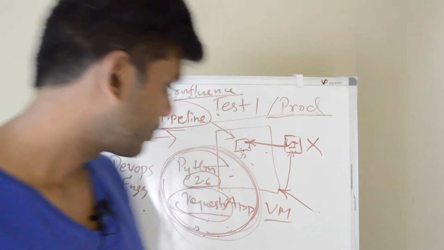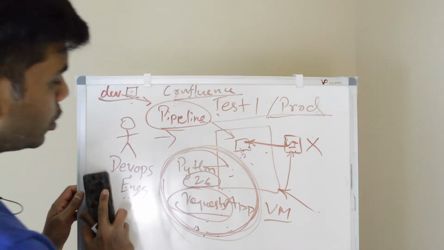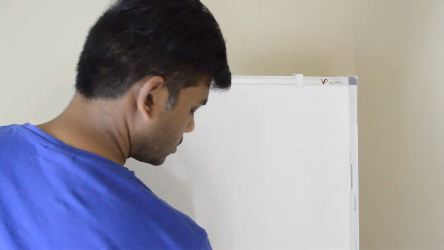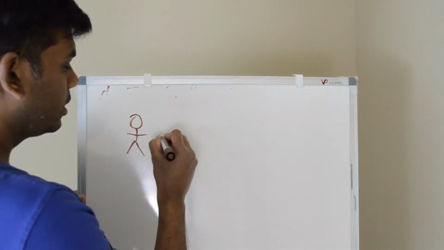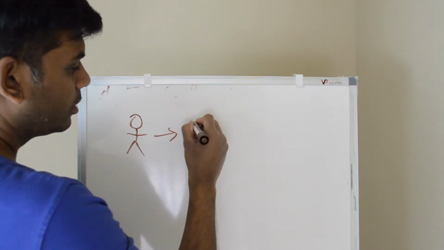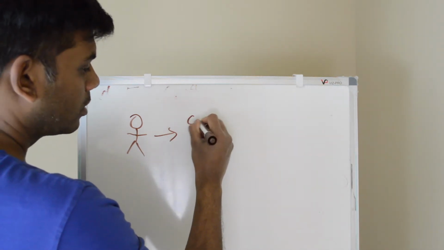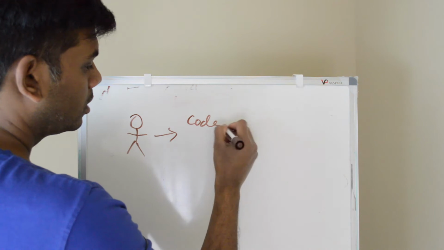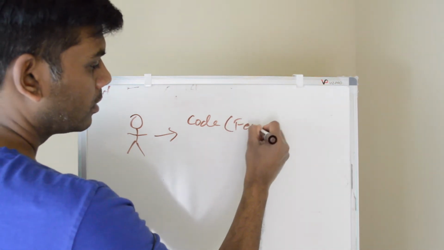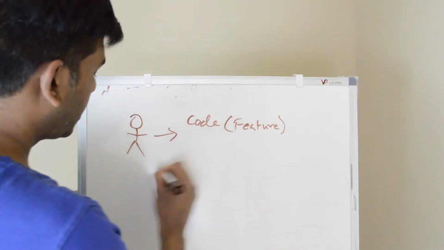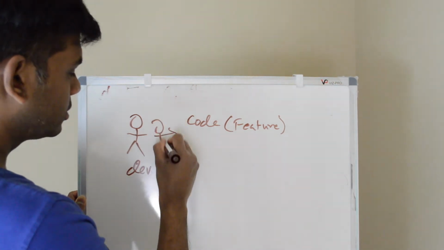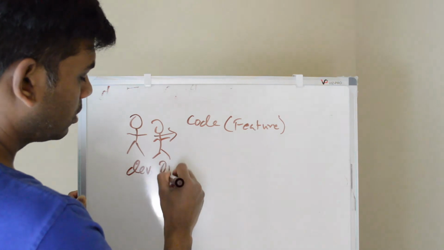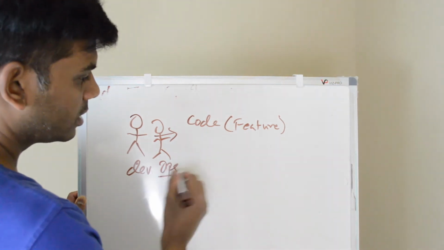So let's say now, instead of doing all these things, as soon as the developer is done writing the code for this feature, he can closely work with the DevOps engineer, the operations engineer.